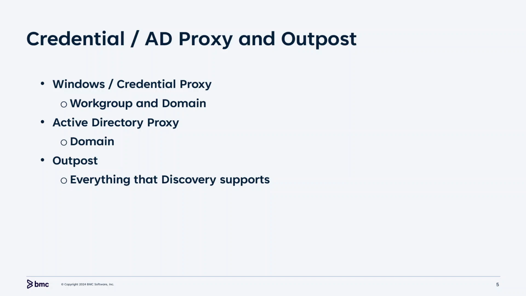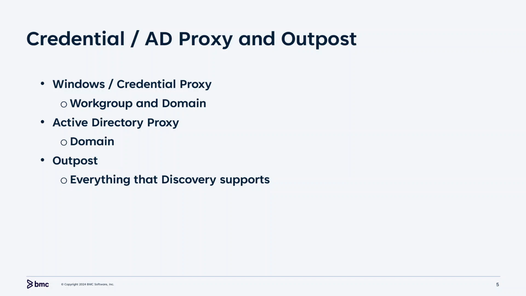There are two Windows proxy types available, and you can select one depending on whether you want to use it for workgroup based endpoints or Active Directory or domain joined endpoints.